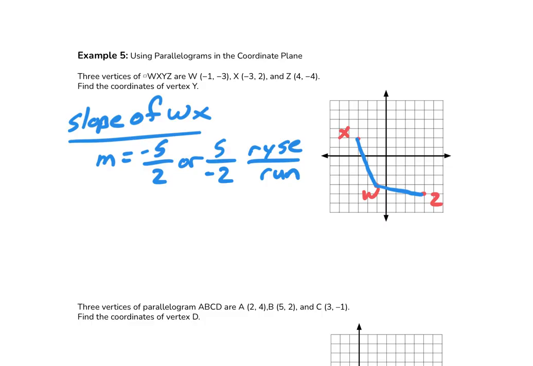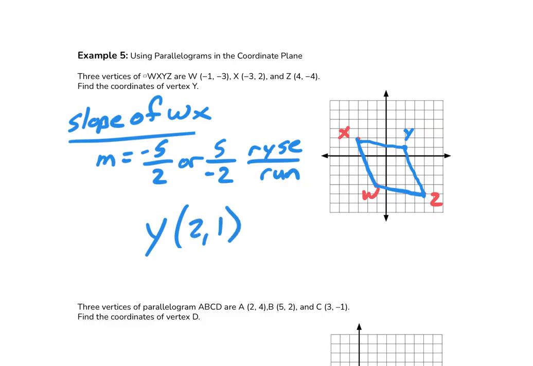And that's where we would put y. So it wants to know where is y going to be. What would be the ordered pair for y? 2, 1. Over 2 and up 1.